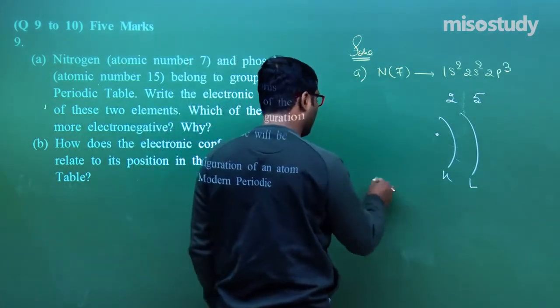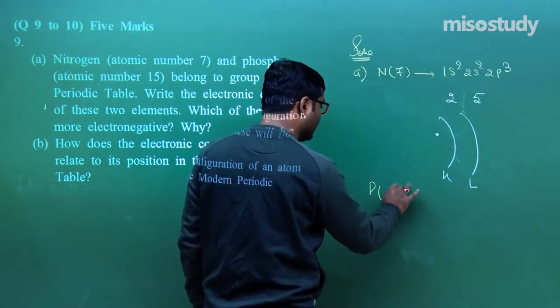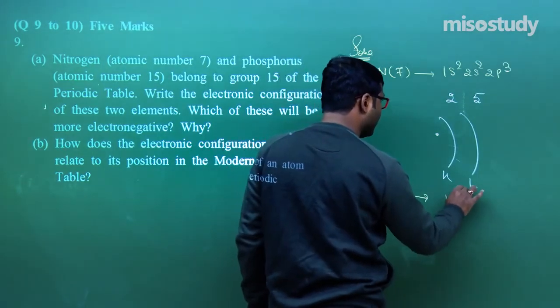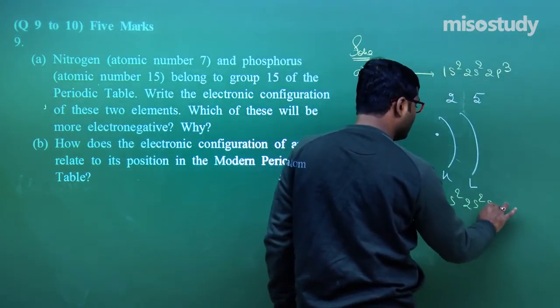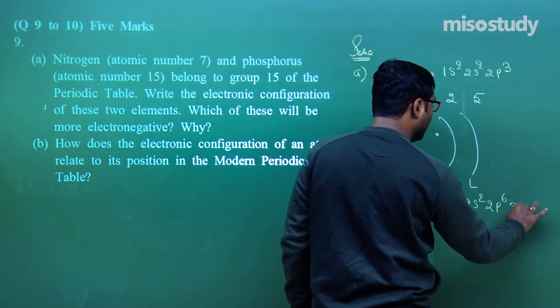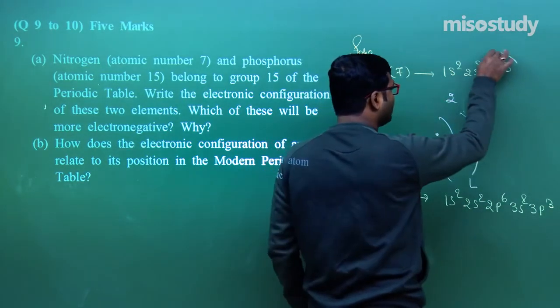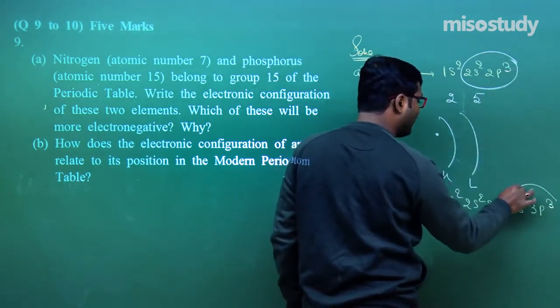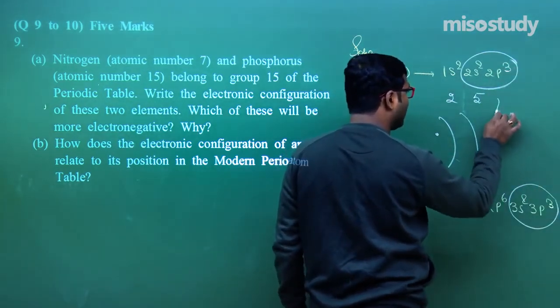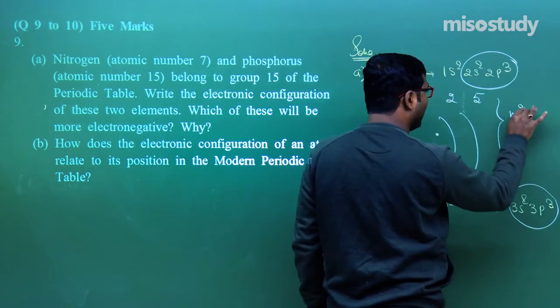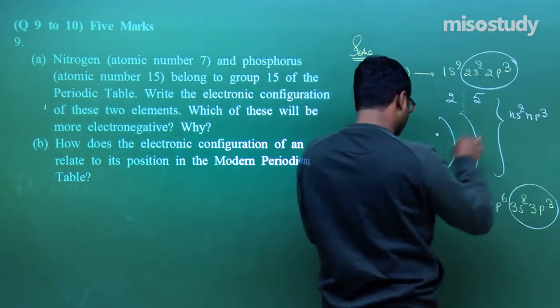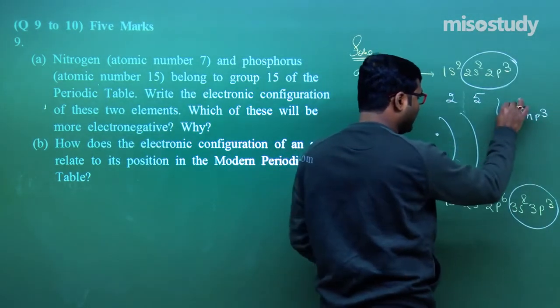In case of phosphorus, we know phosphorus has atomic number 15. This is written like this: 1s2, 2s2, 2p6, 3s2 and 3p3. Look, nitrogen and phosphorus have similar outermost electronic configuration, that is ns2 np3. Clear? Yes, sir, definitely.